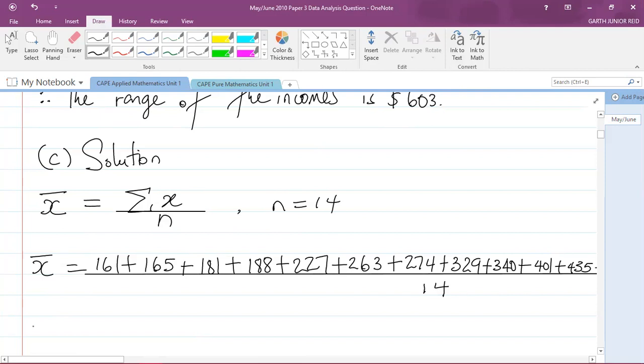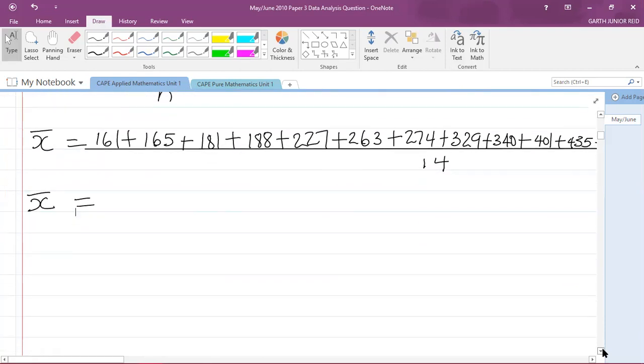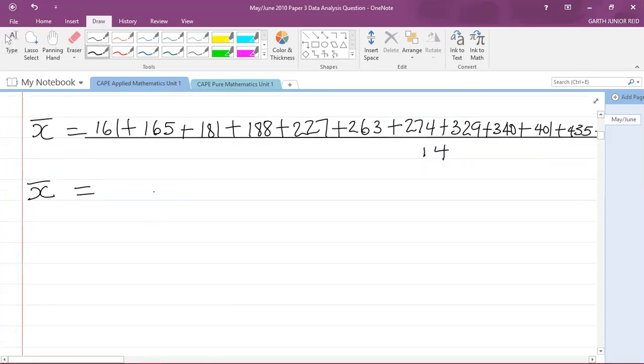All right, so X bar is equal to, when I put all of those values into the calculator and sum them, I will get 4,816. So we're dividing 4,816 by 14.